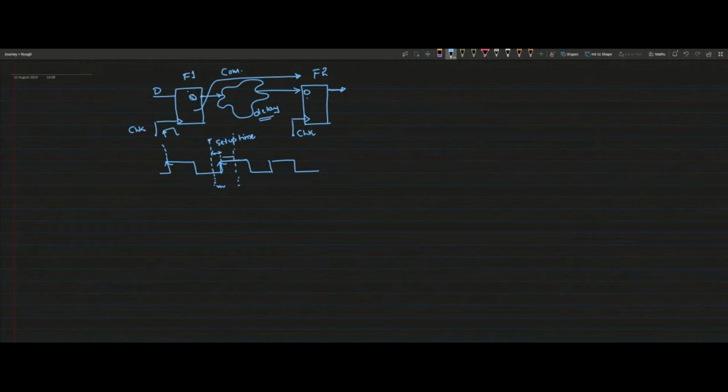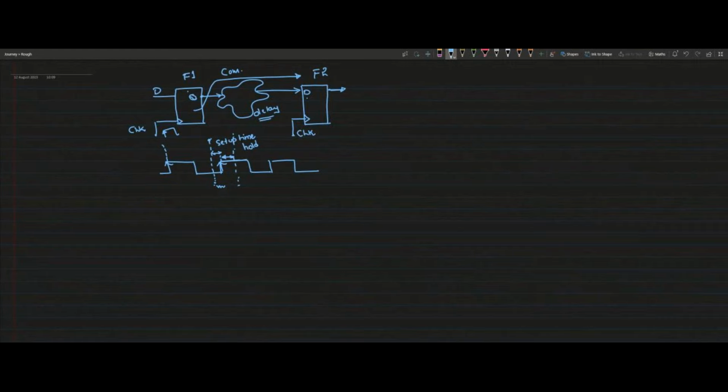The time for which I have to hold that data so that it can be captured internally, we call hold time. So in layman's terms, just before the rising edge, where my data has to be ready, is setup time. After the rising edge, how long the data has to be stable so that I can capture it correctly, is hold time.